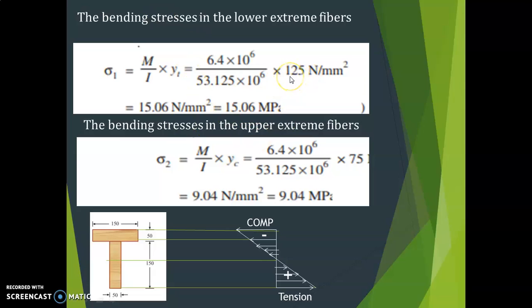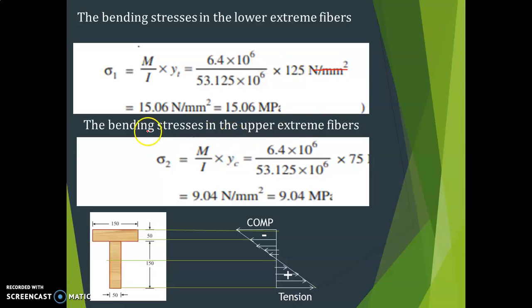So the bottom depth is YB, that is equal to 125. Whatever answer you get, that is 15.06 Newton per millimeter square, or 15.06 MPa.